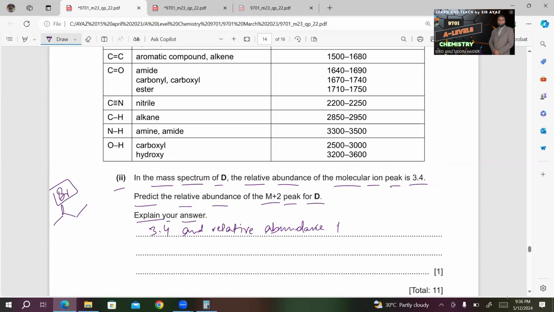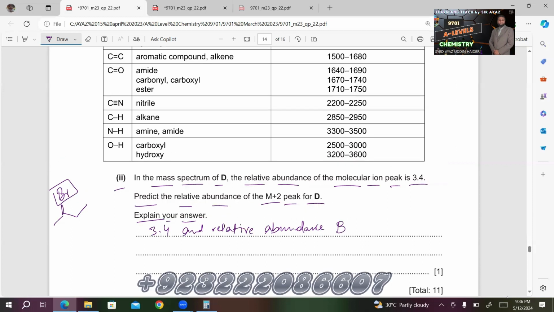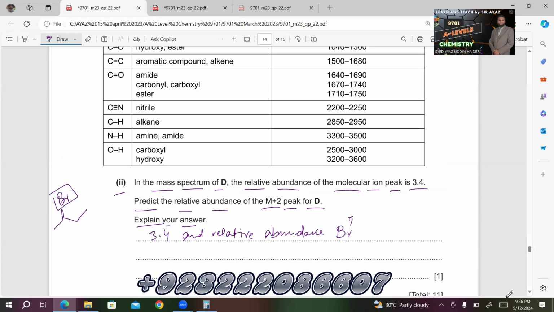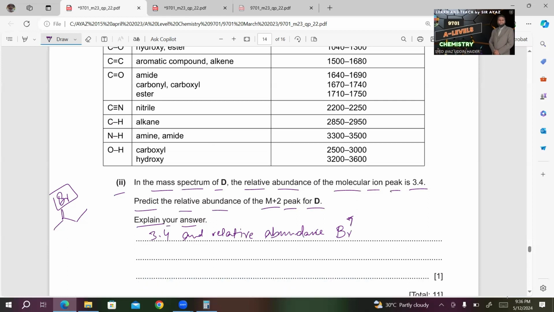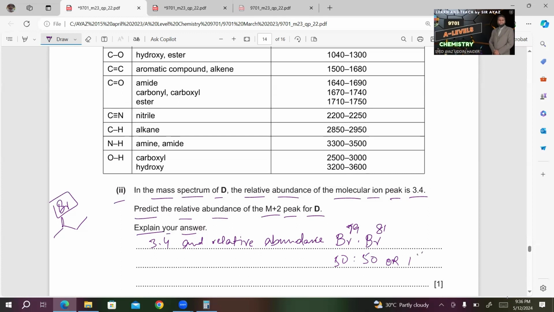We know that Br 79 and Br 81 are in a ratio of 50 to 50, or you can even write 1:1.